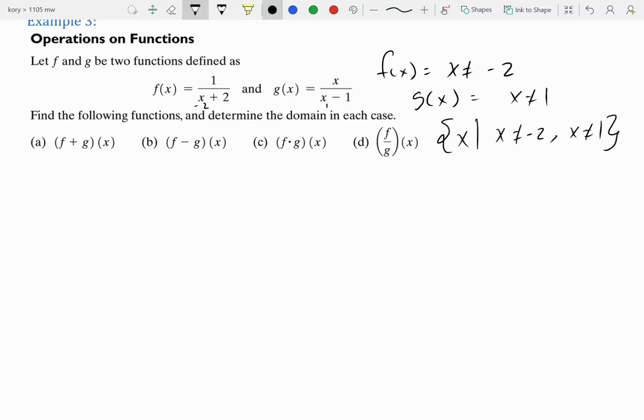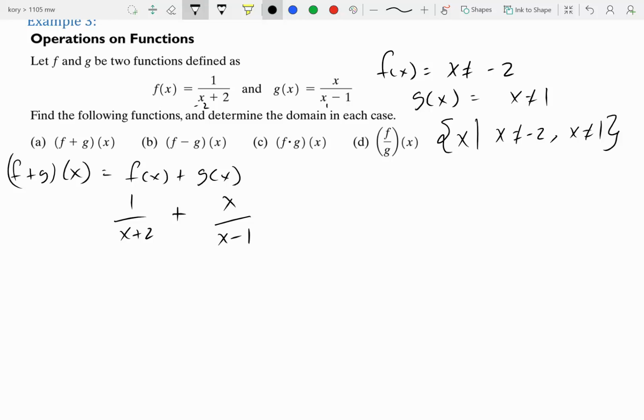Now let's add these. So the first thing we want to do is add them. f plus g of x equals f of x plus g of x. So all we're going to do is put f of x, which is 1 over x plus 2, and then we're going to add that to g of x, which is x minus 1.